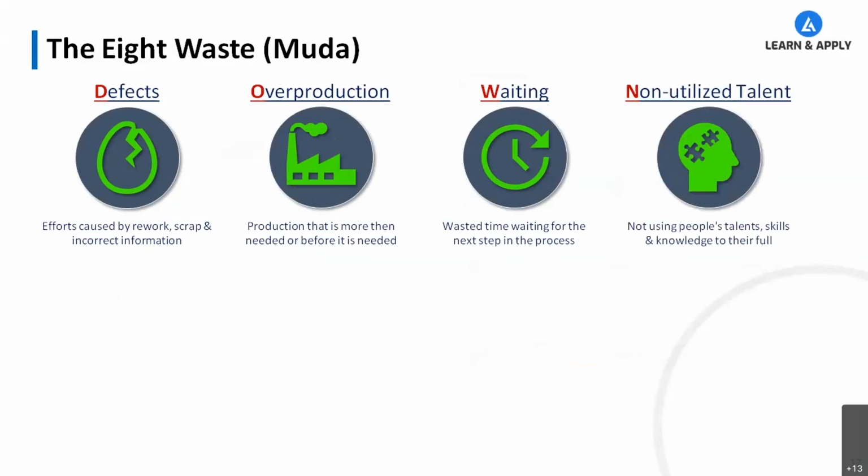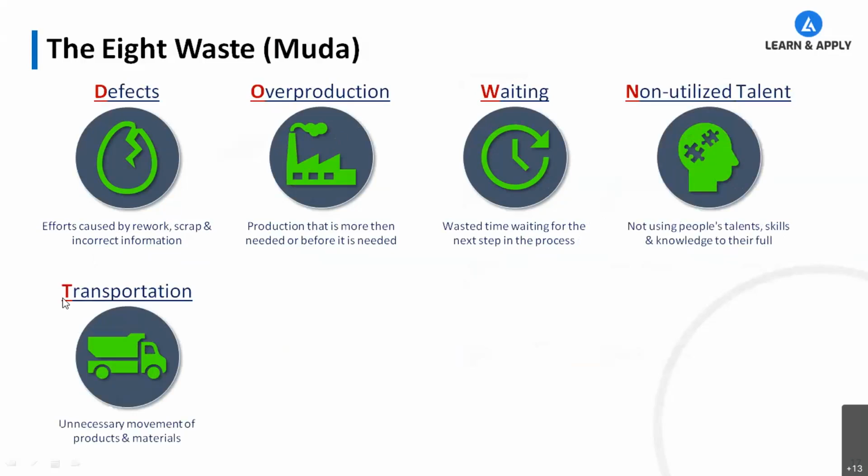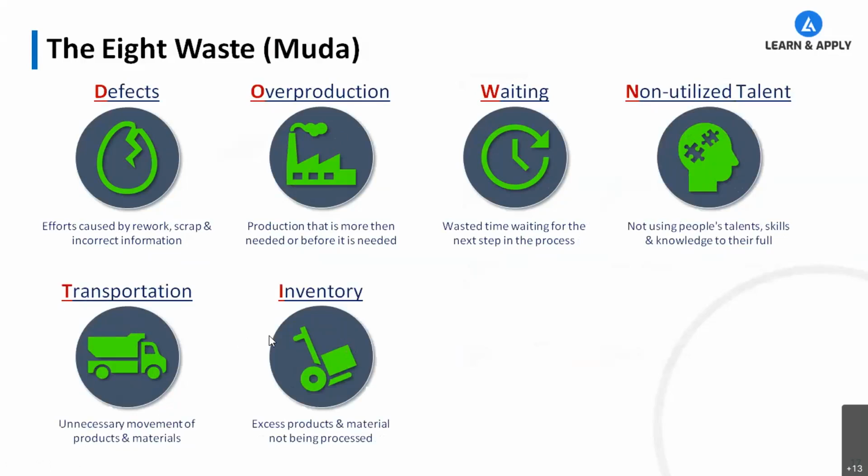Many times we are not using people's talent, skills, or knowledge, which is their capability. That is also one type of waste. Next is transportation. If there is unnecessary movement of products and materials, that leads to this kind of waste. Then inventory, the excess of products or materials. If we are storing them, that is also one kind of waste.